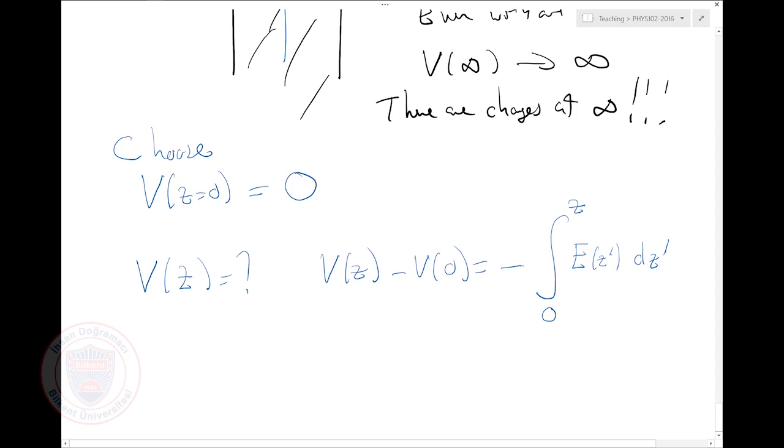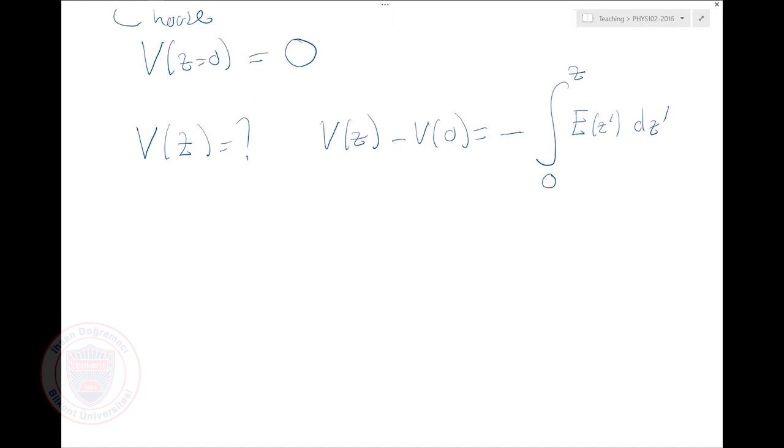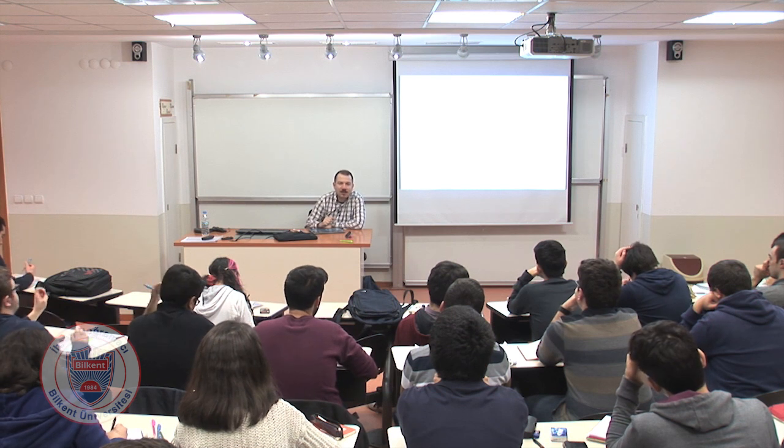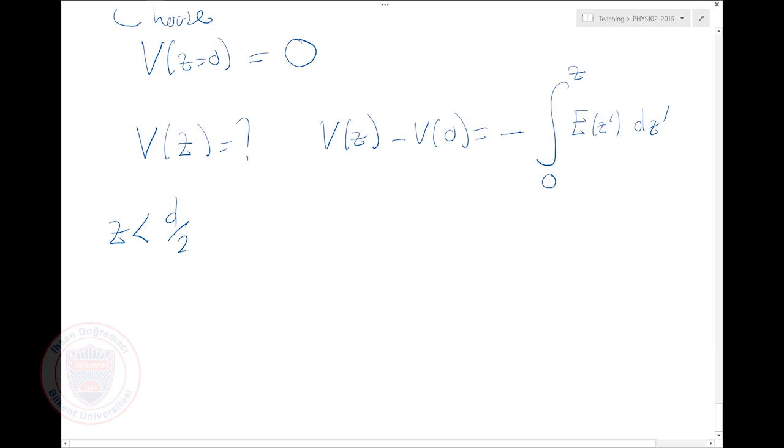That's E dot dl. So clearly I have to be careful. I have to look at the potential inside and outside. Let's start with the inside now. What if z is less than d over 2?